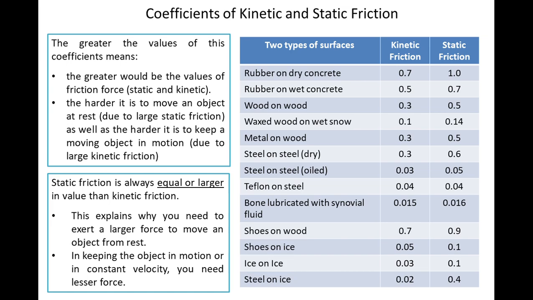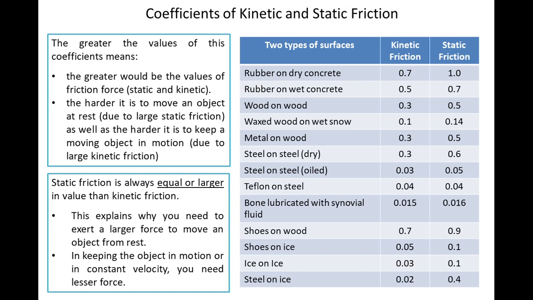Given that friction generally opposes or resists the tendency to be in motion or the tendency to accelerate, we can say that the greater the values of these coefficients, the greater would be the values of friction force, and hence the harder it is to move an object at rest, as well as the harder it is to keep a moving object in motion.